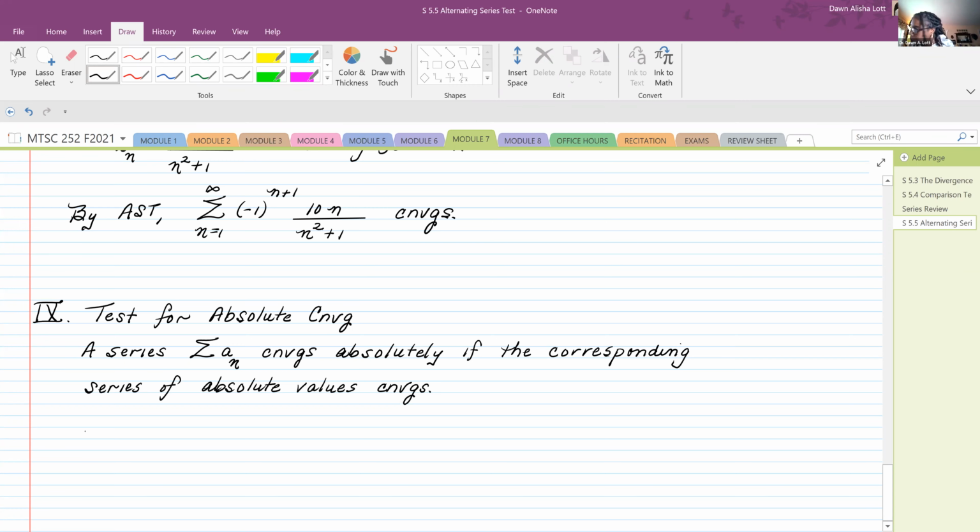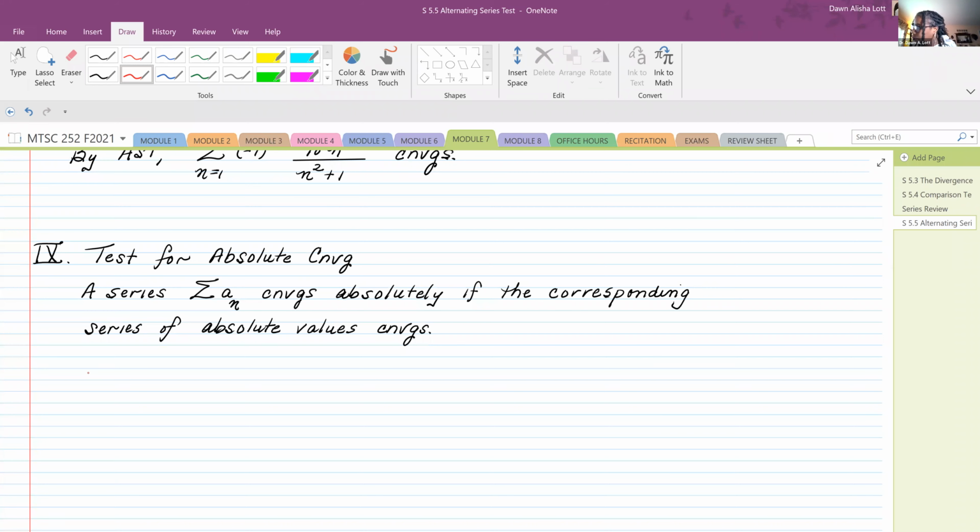Okay, in other words, if summation of the absolute value of an converges, then the summation of an converges absolutely.